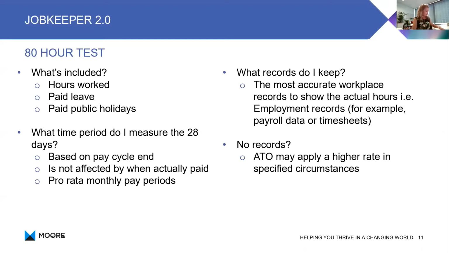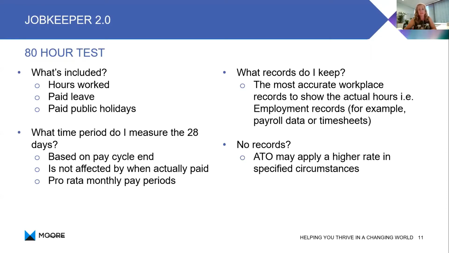A reasonable assumption can be made that your employee worked at least 80 hours in their 28-day reference period. So I'm not quite sure what that means, but they're the 3 reasons the ATO has given us if there's not sufficient records to prove those 80 hours.